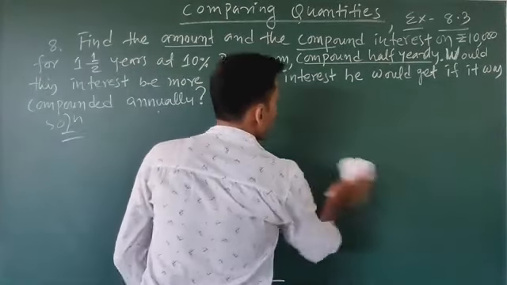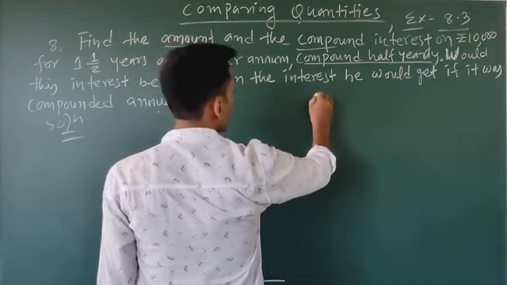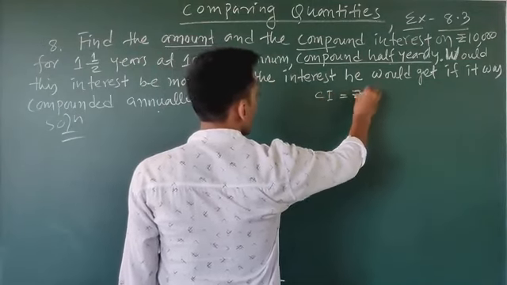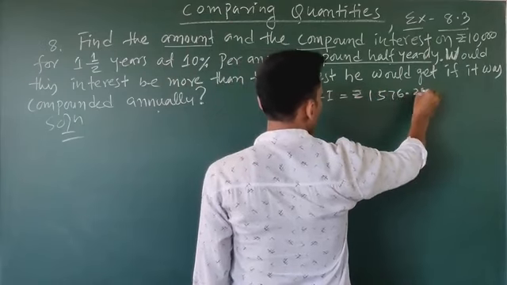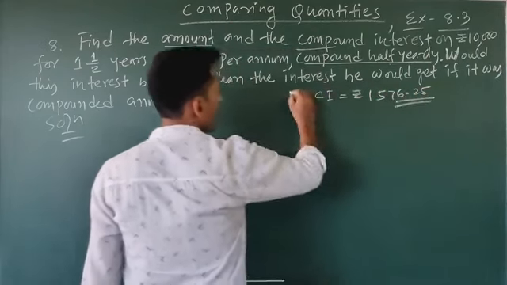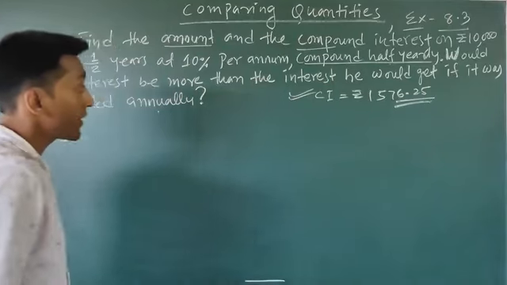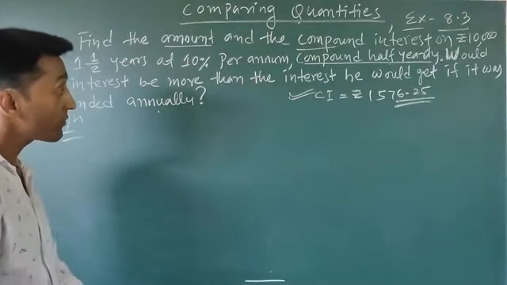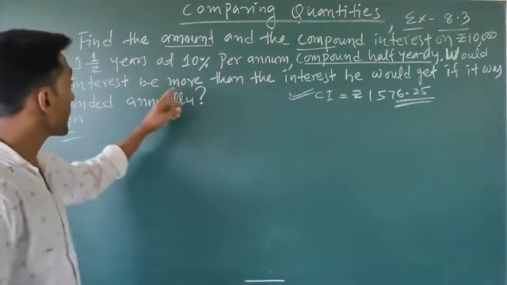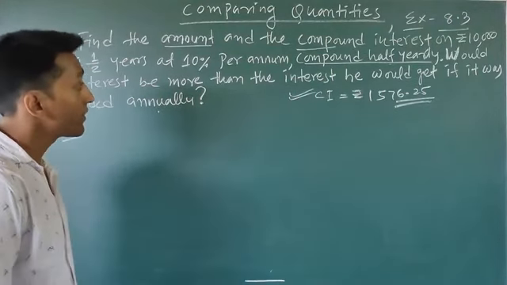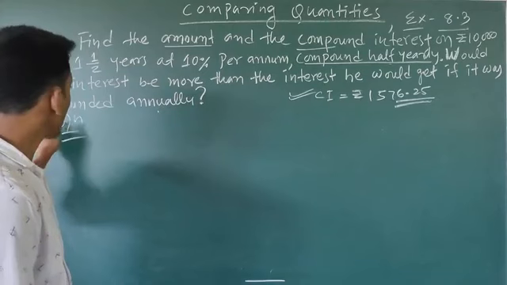When half yearly, how much interest do we get? 1,576.25, isn't it? When interest is half yearly, we get compound interest 1,576.25.